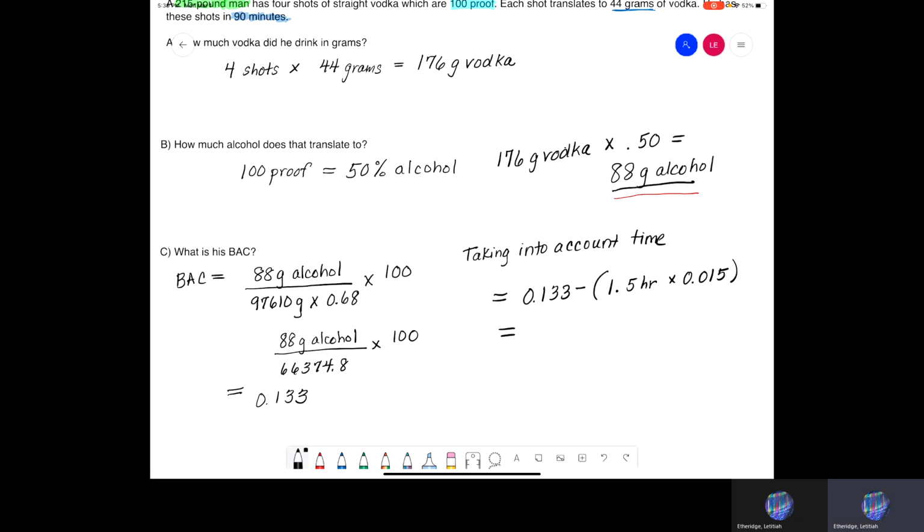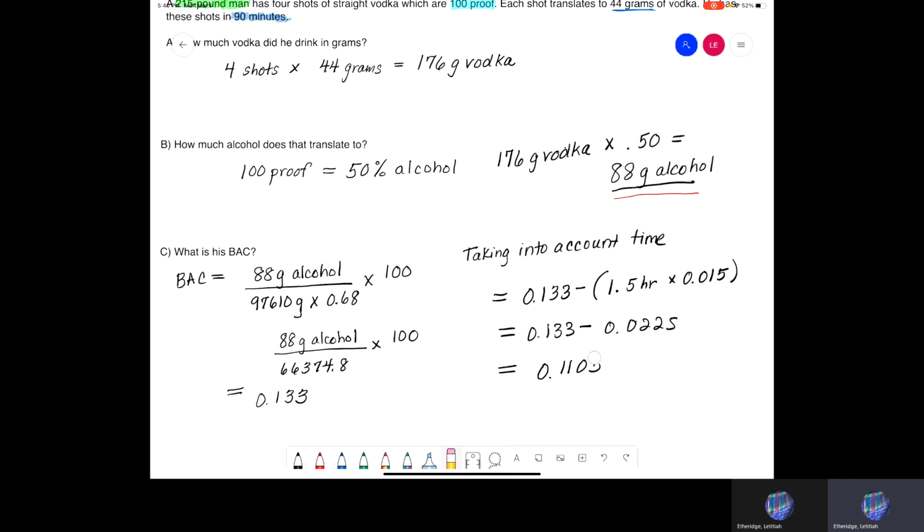His current BAC, taking into account time if he does not ingest anything else, is going to be 0.133 subtracted by 0.0225. So his BAC is 0.11.